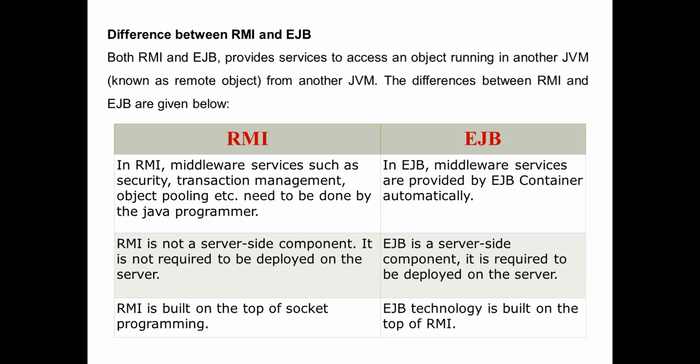So there is a difference between RMI and EJB. Both RMI and EJB provide a service to access an object running in another JVM, that is, another Java Virtual Machine.